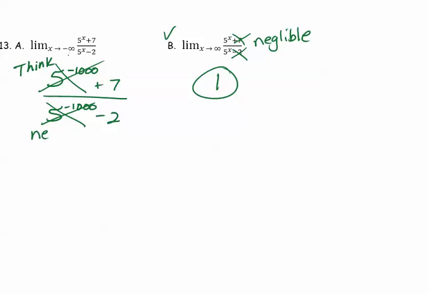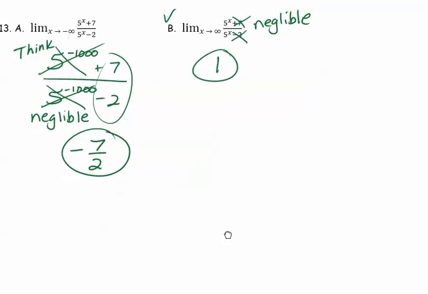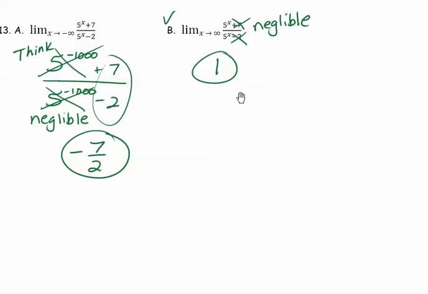So now these two terms become negligible. So something very different happens as we go to negative infinity. So 5 to a negative power becomes a very small fraction, closer and closer to 0. So what's left, our limit goes to -7/2. So that would be an interesting function to look at the graph. Again, it has two different horizontal asymptotes.